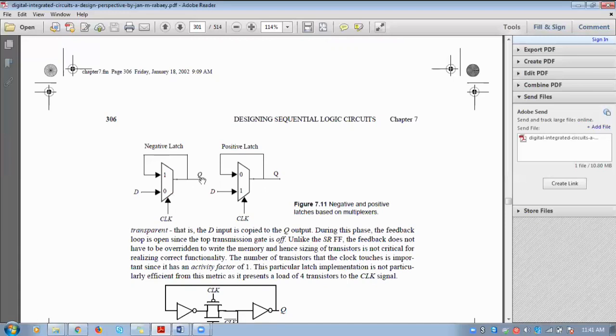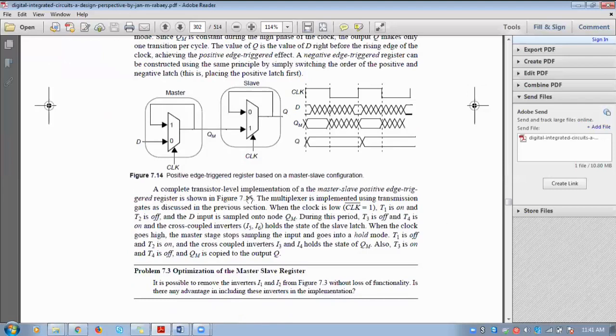So the design comes: D will appear, we are giving here, and the Q will be connected to this particular D. This is the structure, you see here, the same, right? Here the input is coming to the first input of this multiplexer. Here D is coming to the 0th input of the multiplexer. So it is a positive latch, it is a negative latch.